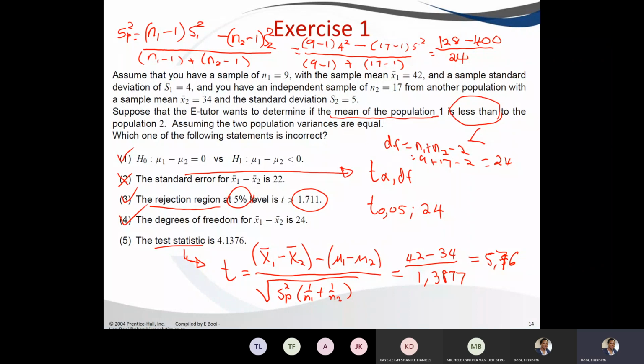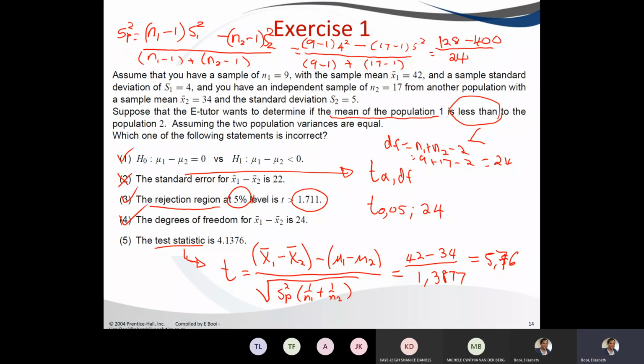One divided by 9 equals 0.11. If I write it on the piece of paper, 0.111, and 1 divided by 17 gives me 0.0588, and I add both of them.